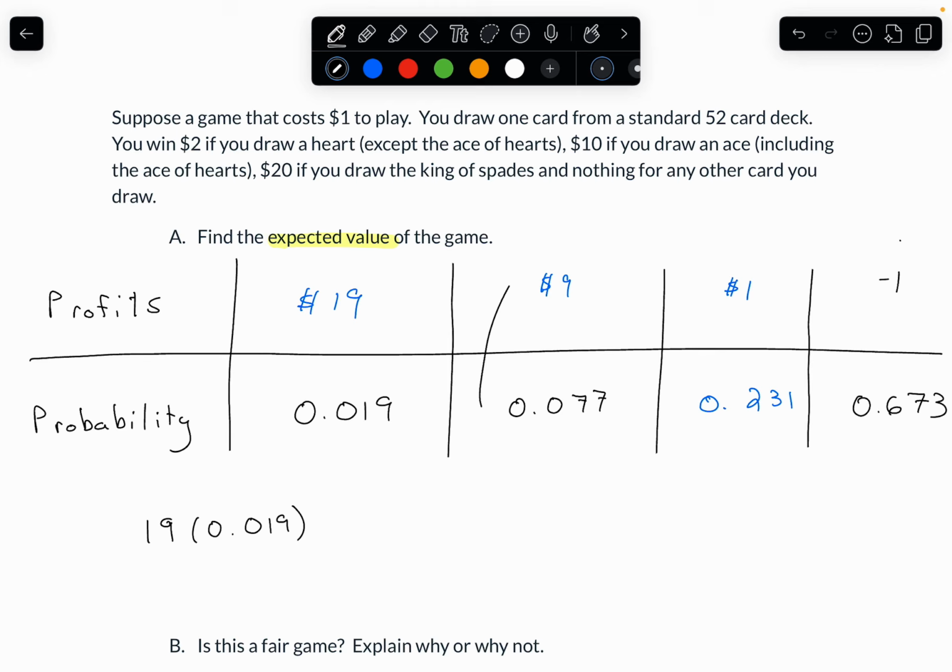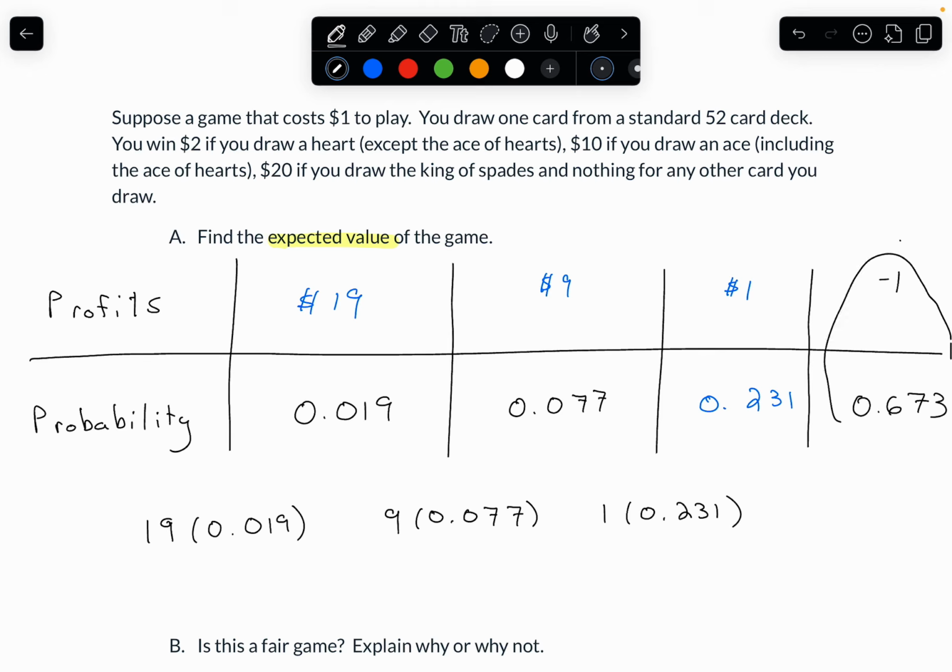So I'm going to take $9 times the probability for which it occurs, 0.077. And then I'm going to do the same thing for $1 times its probability, 0.231. And then same thing for this last outcome right here.